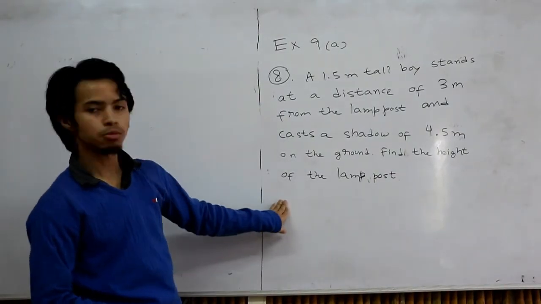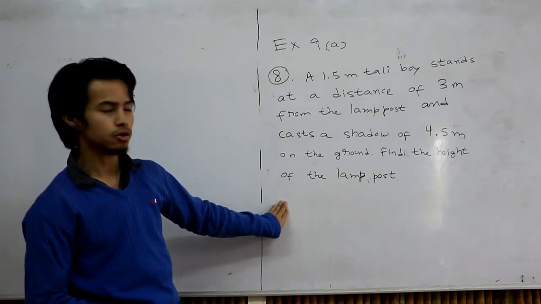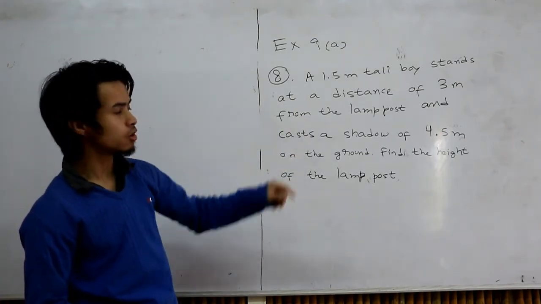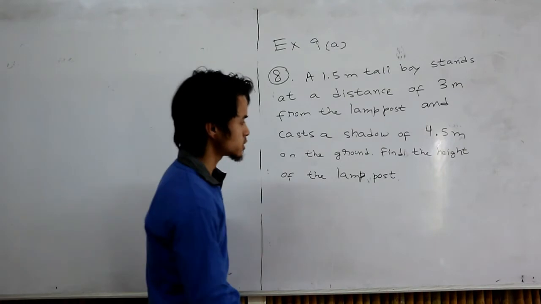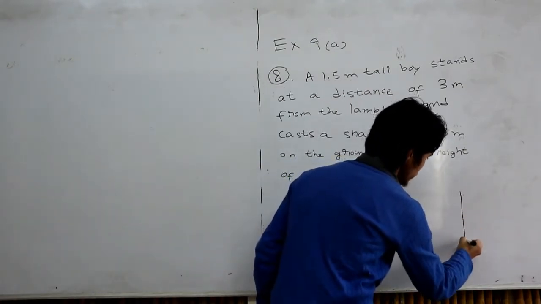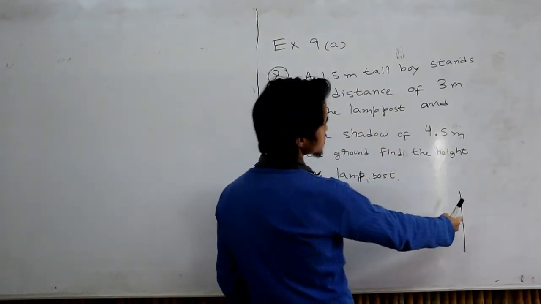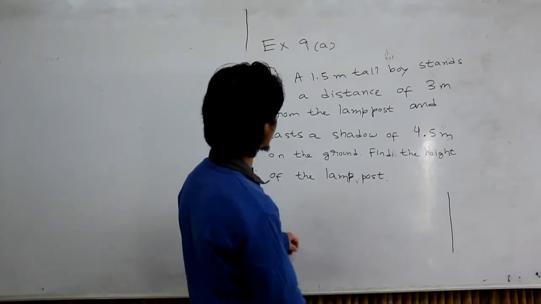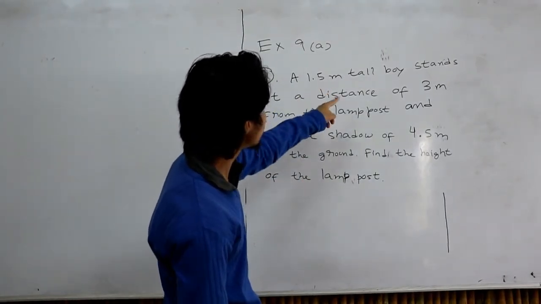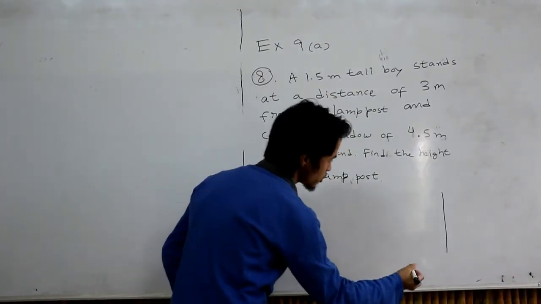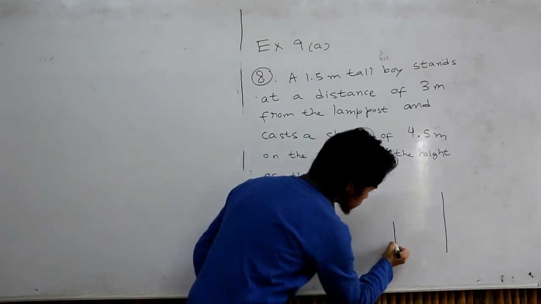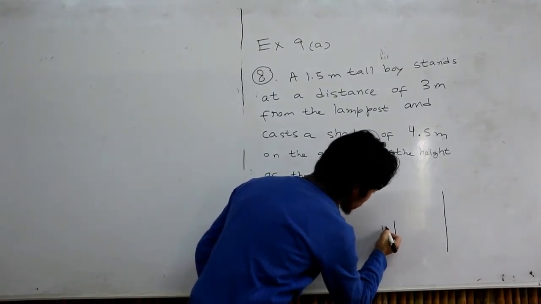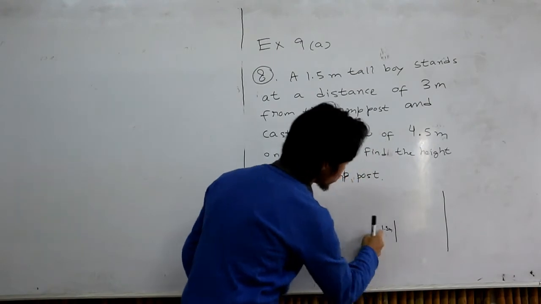So in solving this problem, we'll have to mention a diagram, and that diagram should contain all the information given in the question. So let's draw that diagram. Suppose we are considering this to be the lamp post. So we have a 1.5 meter tall boy. Suppose that boy is standing in this position, and this is the height of the boy, 1.5.